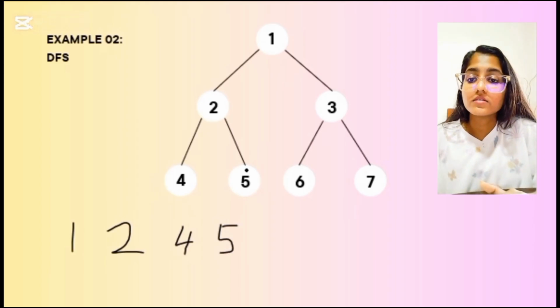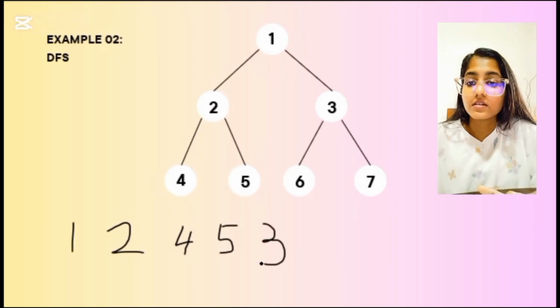After 5 there's nothing remaining. You must go back to 2. Again you must go back to 1, and you must travel to 3. You must write 3 here. After 3 there are 2 child nodes, 6 and 7. You must travel to 6 and write 6 here.